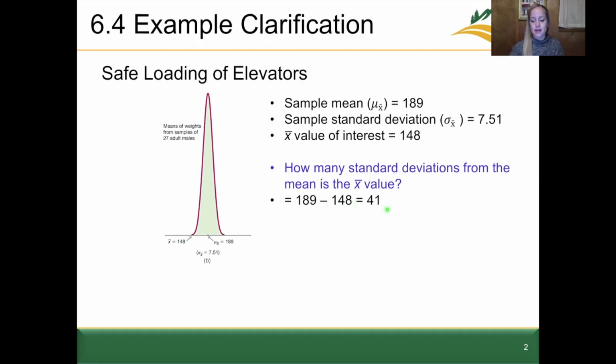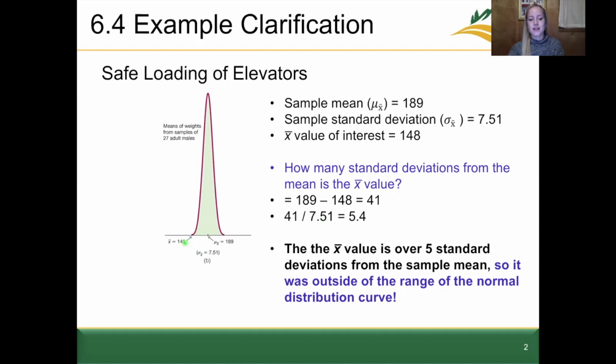That's 41. Now, how many standard deviations are within the number 41, this difference between the mean and the x bar value? Well, we take 41 divided by the standard deviation value of 7.51. That tells us our x bar value is 5.4 standard deviations away from the mean.